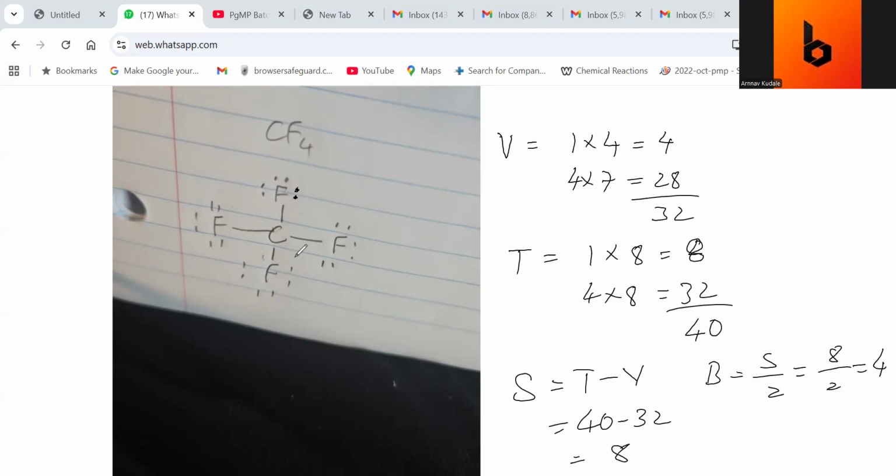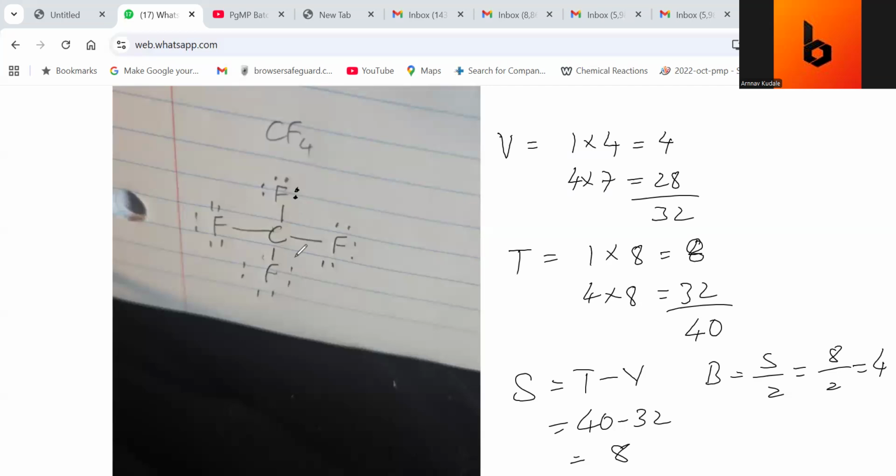Maximum 8 electrons are required for fluorine and 8 are required for carbon for octet completion. Okay, sir, done. Now try NO3 minus.